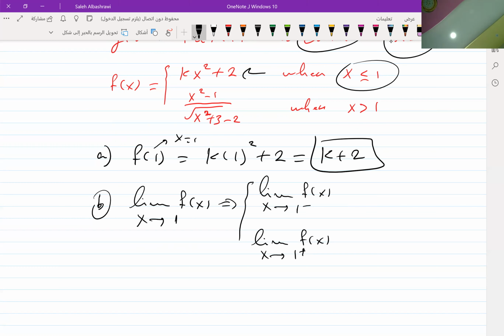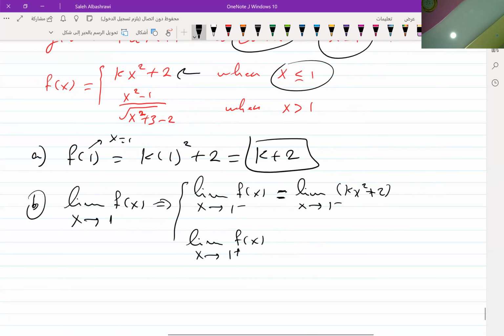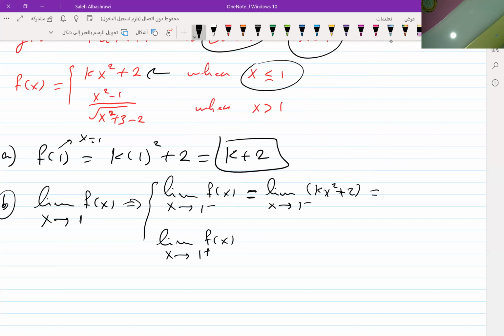Now for the left limit, x is less than 1. So this is equal to the limit of k x squared plus 2, where x goes to 1 minus, and this is equal to k plus 2. Just replace x by 1.